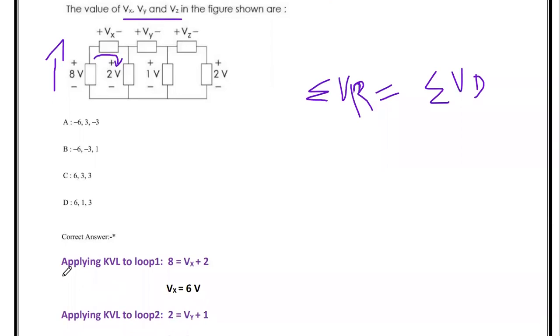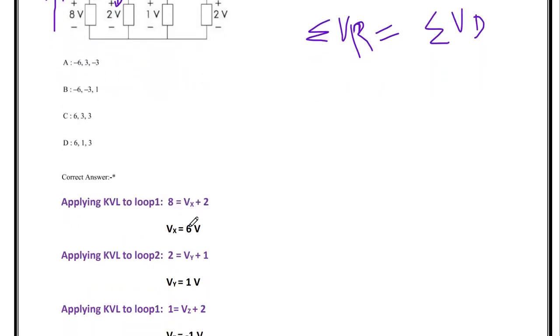If you apply KVL to loop 1, minus to plus is a voltage rise, 8, equal to Vx, which is a voltage drop. Similarly, plus to minus is also a voltage drop, 2. So 8 equals Vx plus 2, so Vx equals 8 minus 2, which is 6 volt.